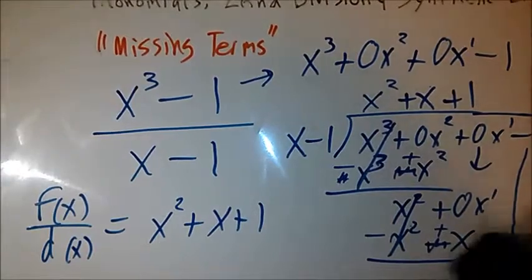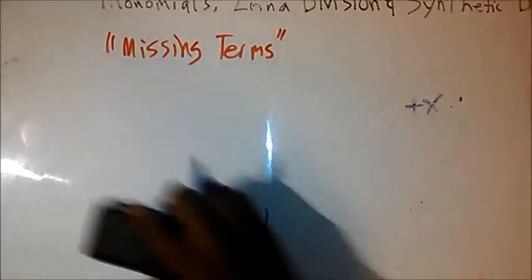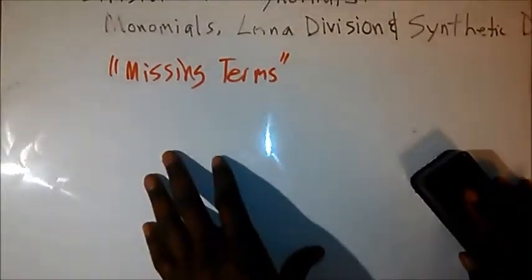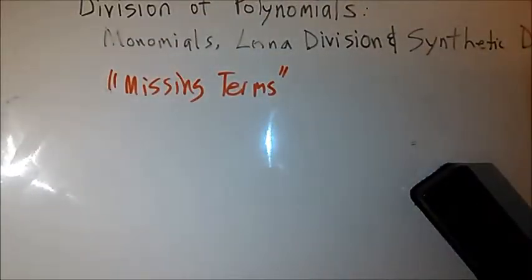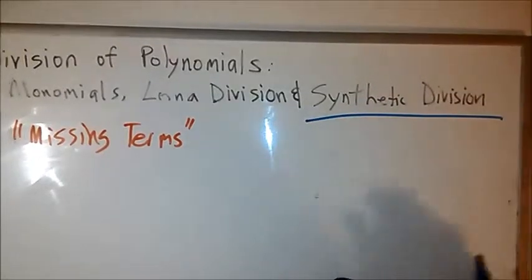Now there's something else that we're going to do here. We're going to learn how to do synthetic division. Now, long division can always be applied anytime, right? If you have a dividend and a divisor. But synthetic division is limited.